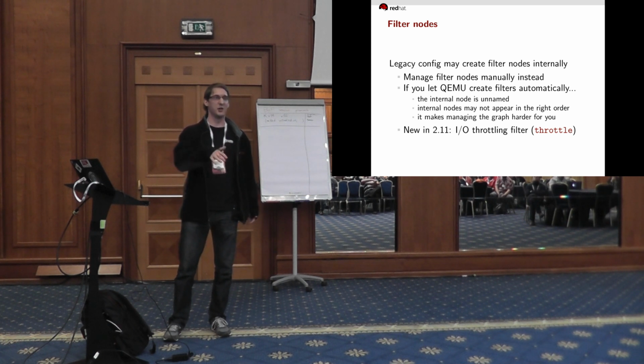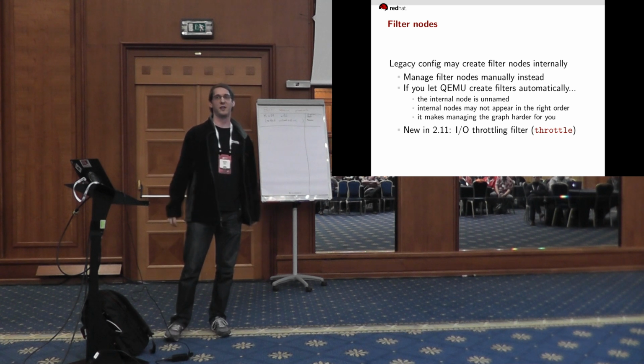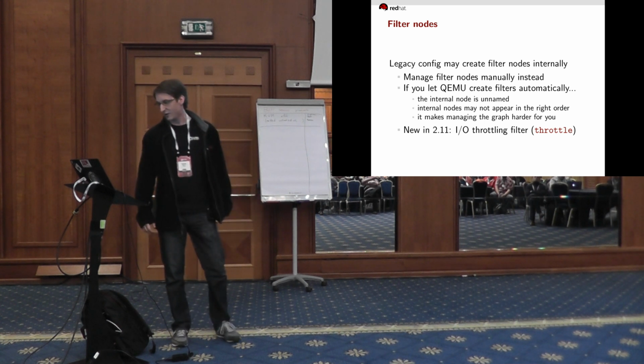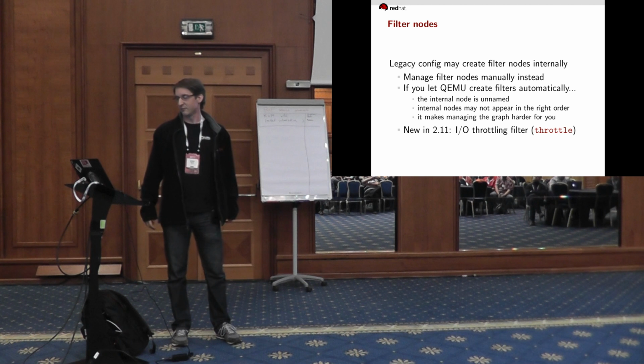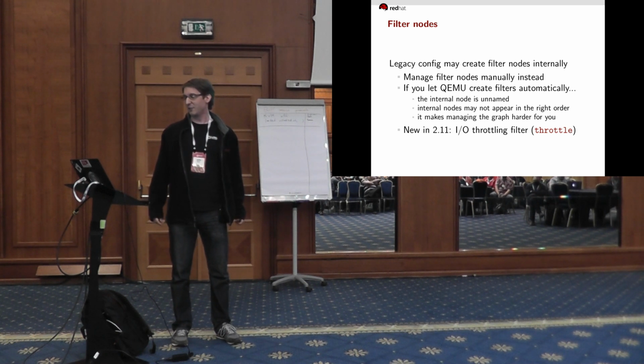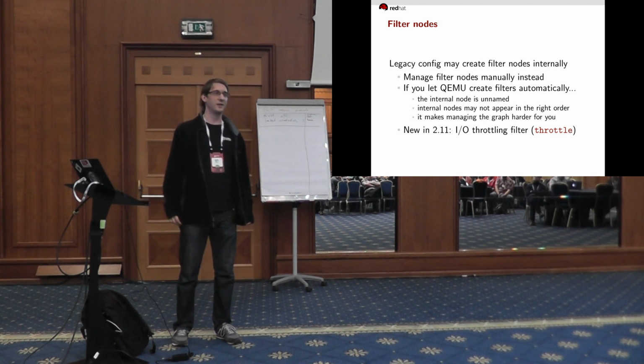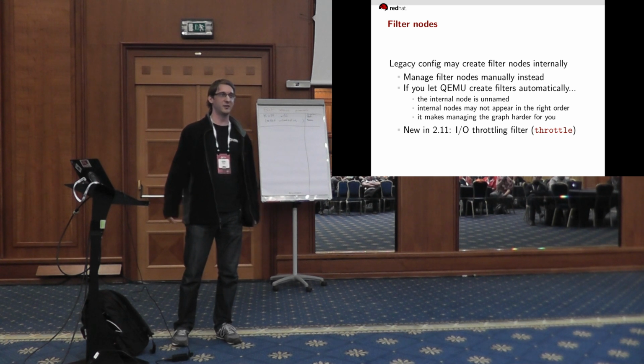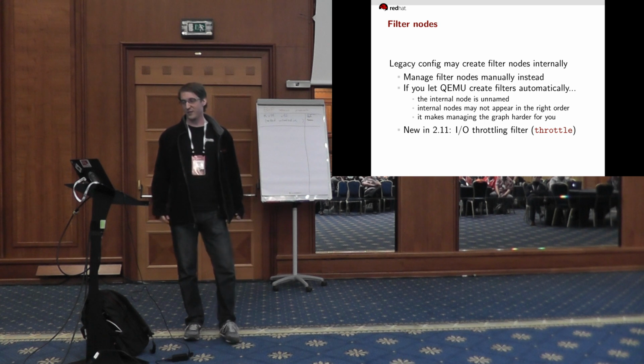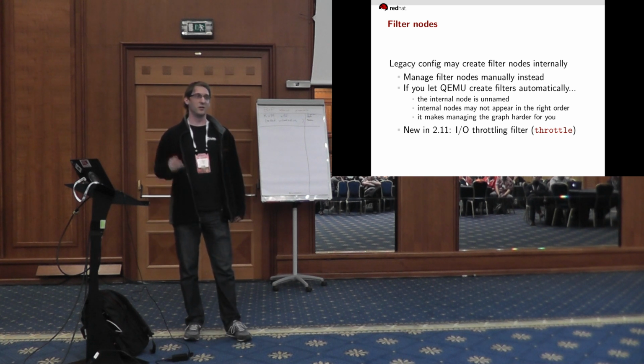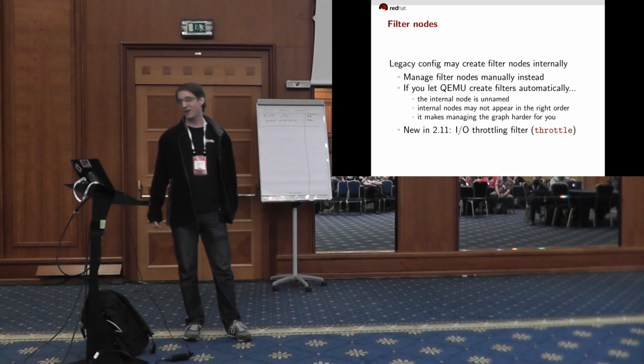You won't be able to even address it if you want to change something at that point in the graph. Try to use, for example, the IO throttling filter node instead of using the old -drive throttling options, because the -drive options will create an automatic node, and you don't have the control over it that you want to have.